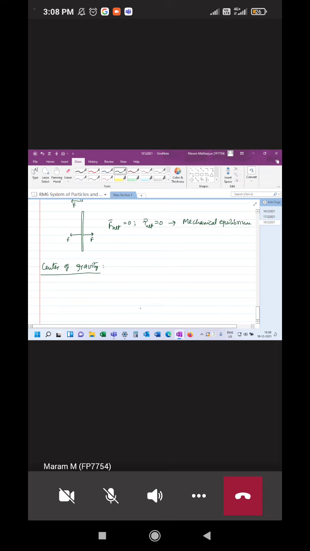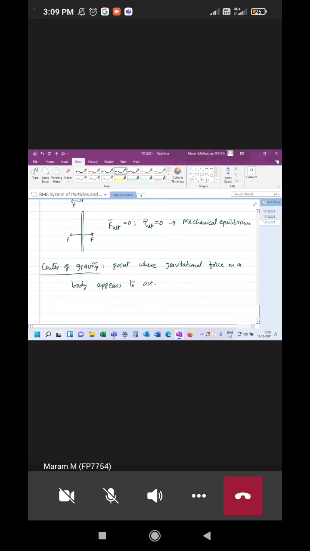Center of gravity is the point where you expect the entire gravitational force on the body to be concentrated, to act.